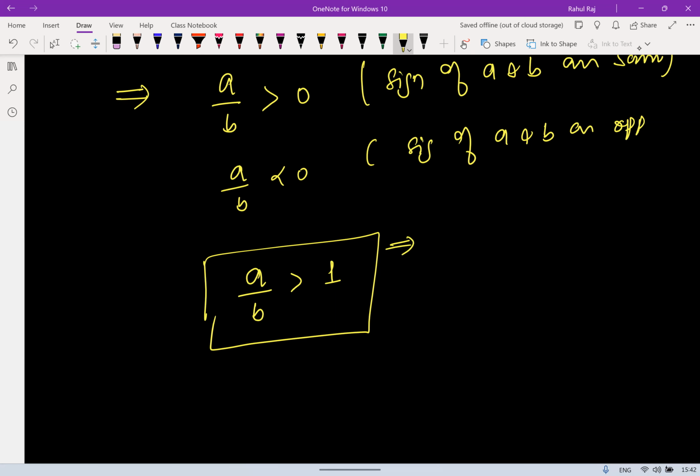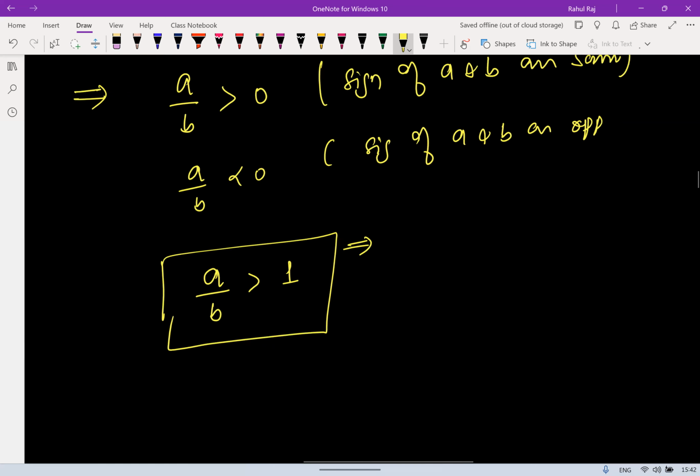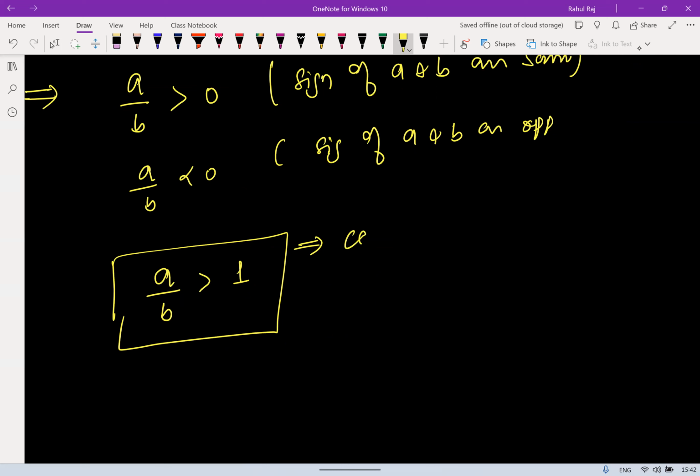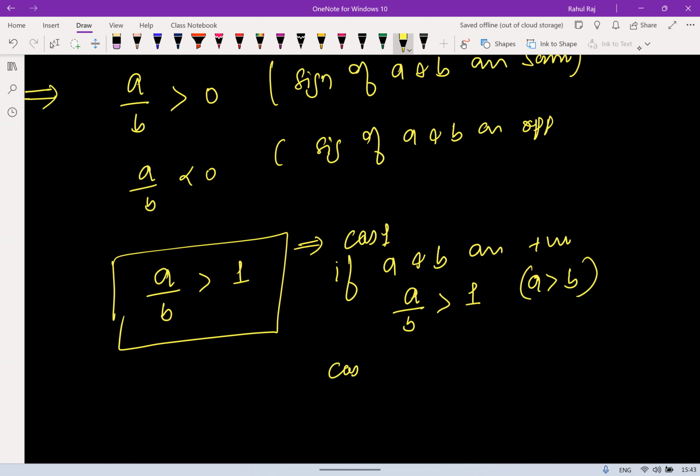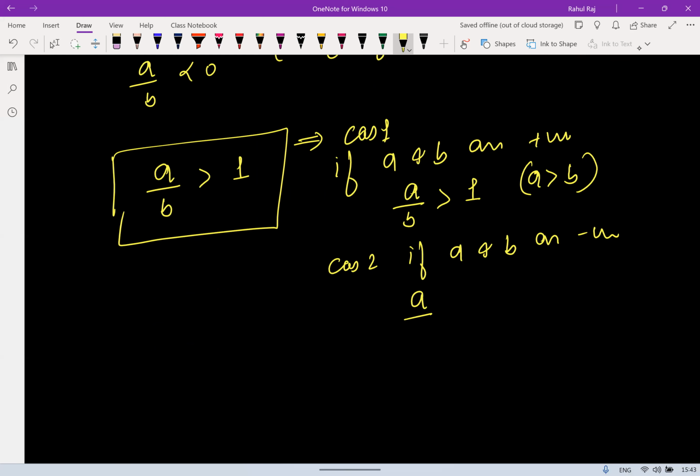Whenever you cannot conclude something properly, you have to take two cases, wherever any variable term is there. And what are the cases? Case 1, if A and B are positive, then for the fraction A over B to be greater than 1, A should be greater than B. Case 2, if A and B are negative, then for the fraction A over B to be greater than 1, don't you feel A should be less than B?